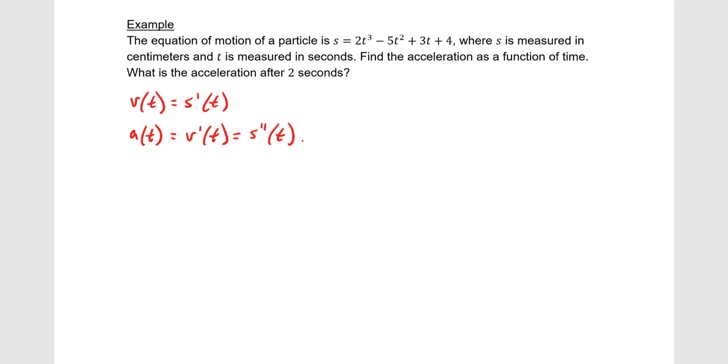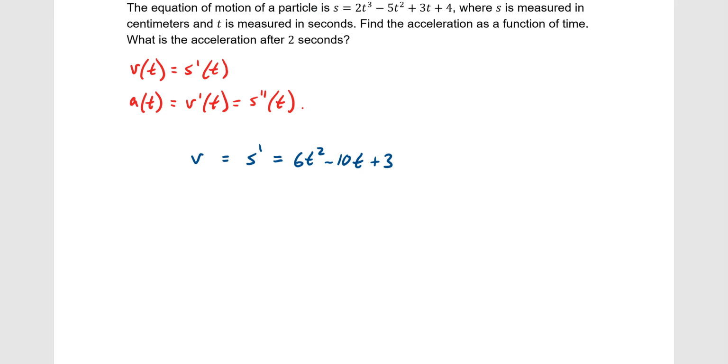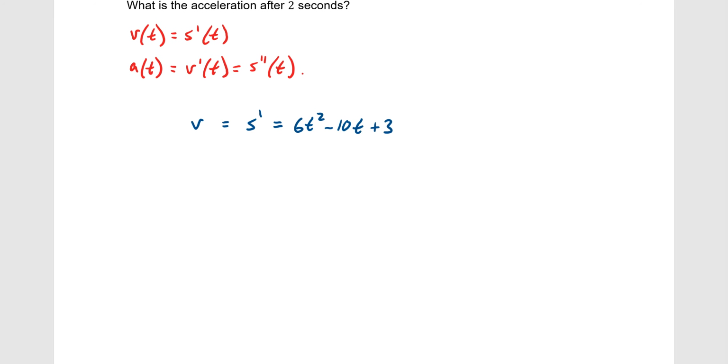So let's go ahead and take the first derivative. I'll call it v. v is s prime, so taking the derivative here, that's going to be power rule. So it's going to be 6t squared minus 10t plus 3. And now we need to take the derivative of this new function to get acceleration.